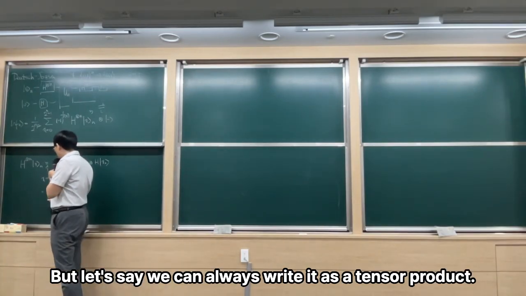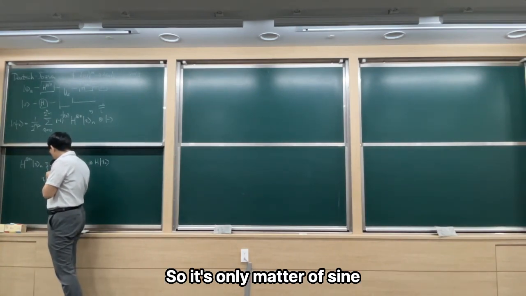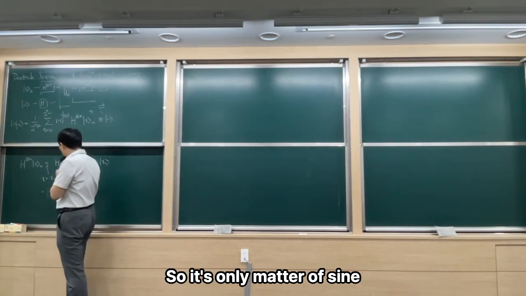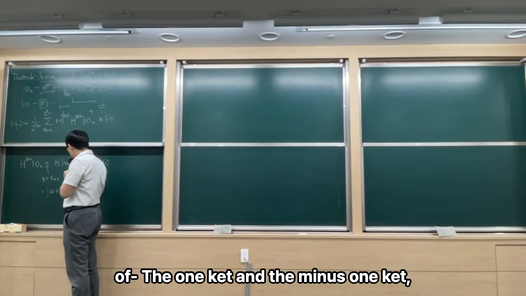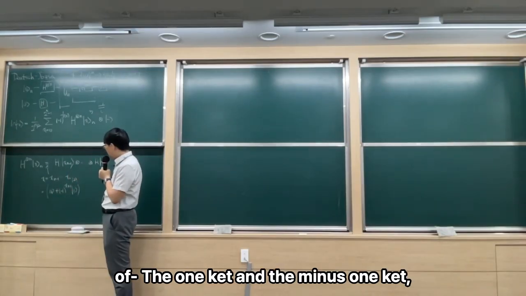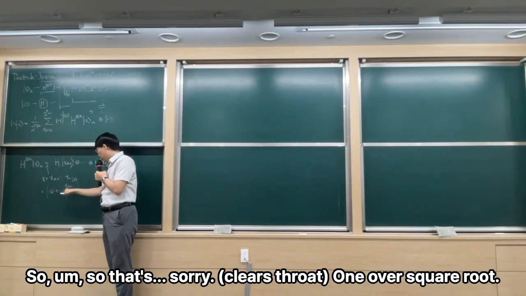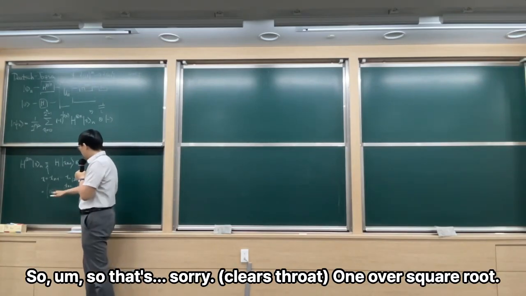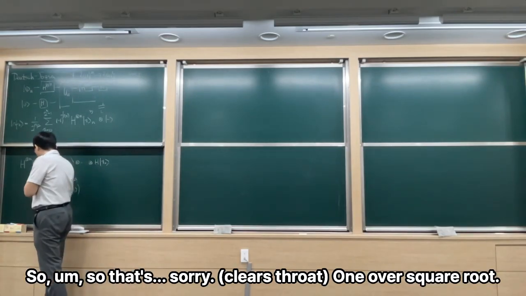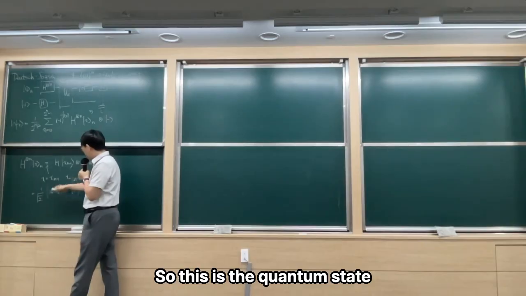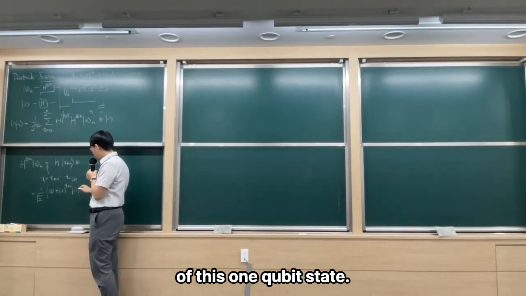But we can always write it as a tensor product. So it's only a matter of the sign of the 1 ket, whether it's minus 1 ket or plus 1 ket. So that's 1 over square root of 2. This is the quantum state of this 1-qubit state.